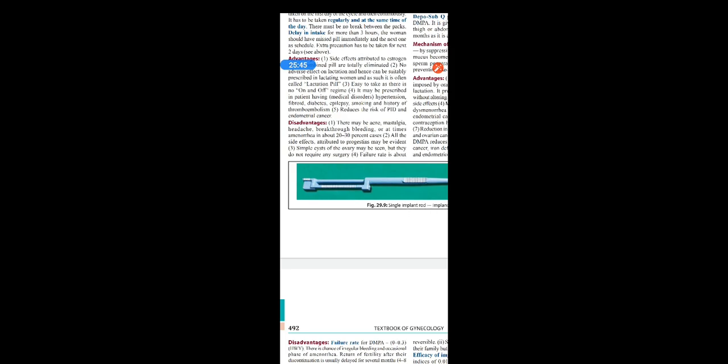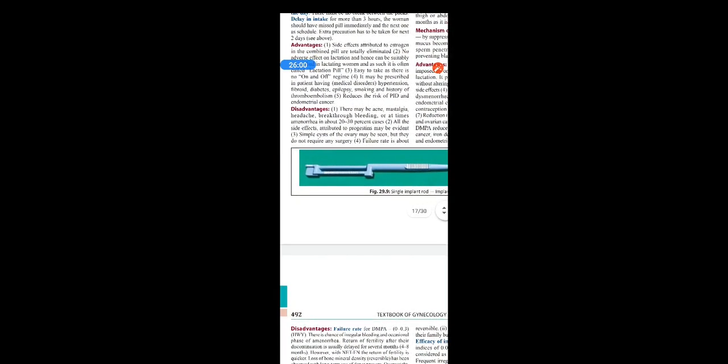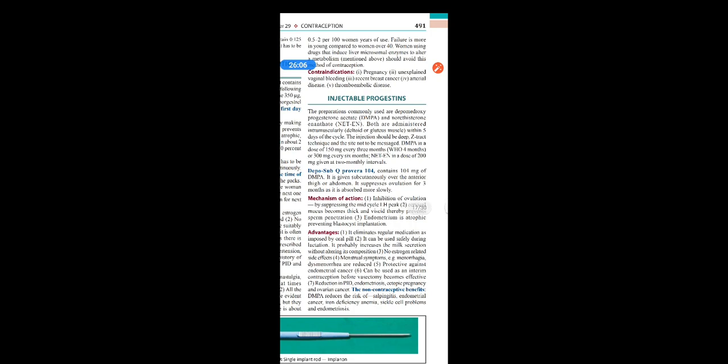Coming to its disadvantages, there may be acne, mastalgia, headache, breakthrough bleeding, or at times amenorrhea in about 20 to 30% cases. All the side effects attributed to progesterones may be evident. Simple cyst of the ovary may be seen, but does not require any surgery. Failure rate is about 0.25 to 2 per 100 women years of use.